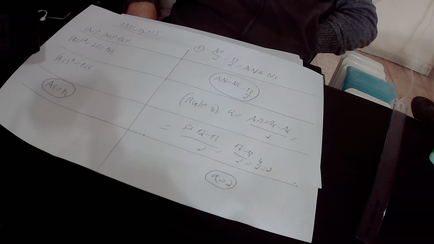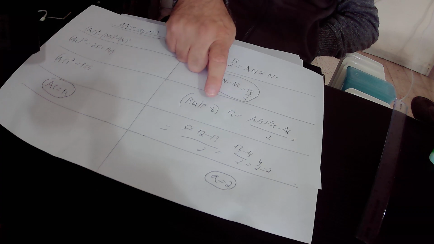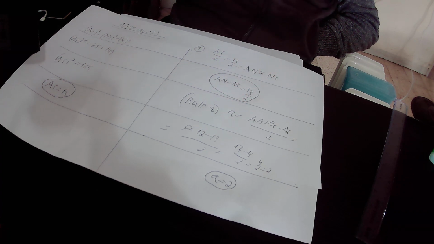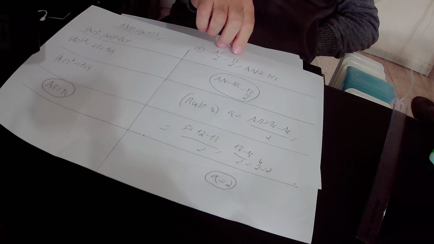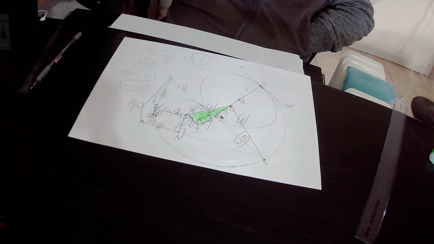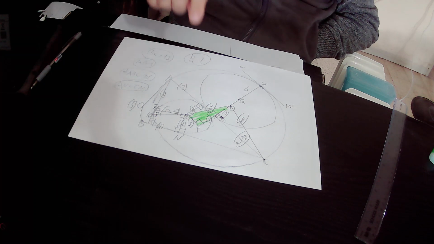So AB plus BC minus AC is 5 plus 12, which is 17, and 17 minus 13 is 4. And 4 over 2 is 2. So we find that the radius of this circle A will be equal to 2 units.